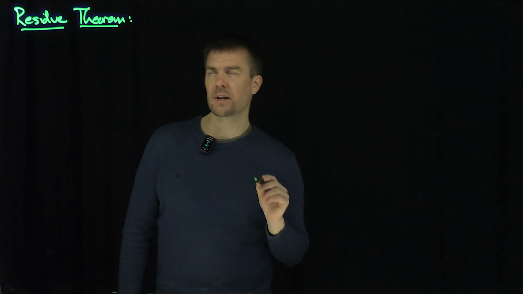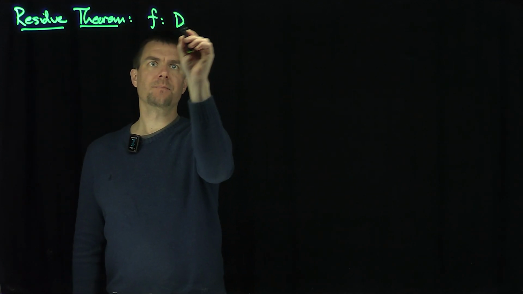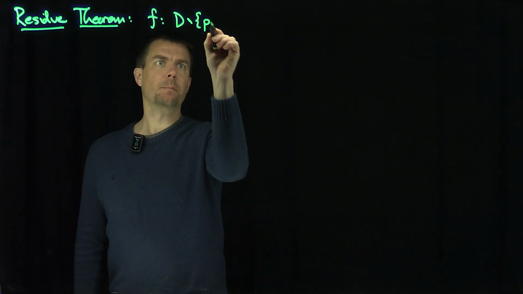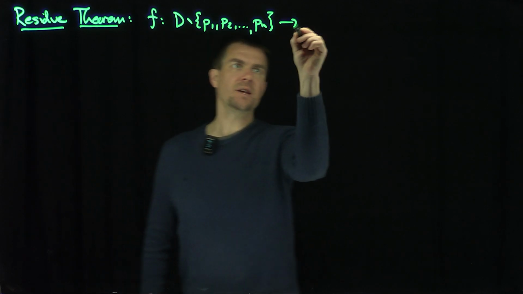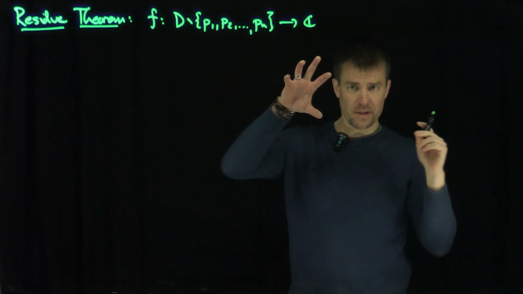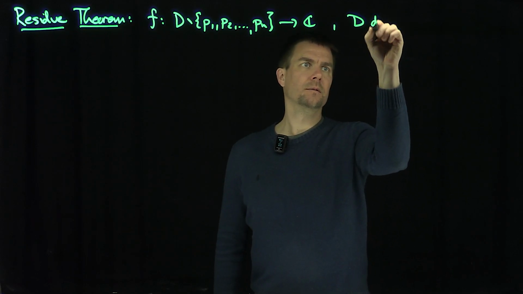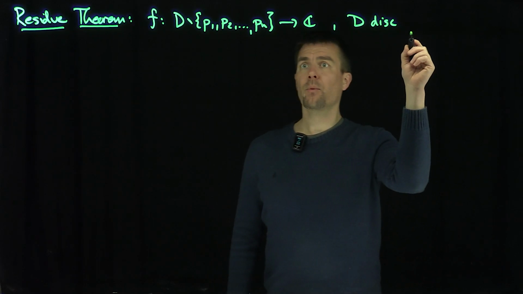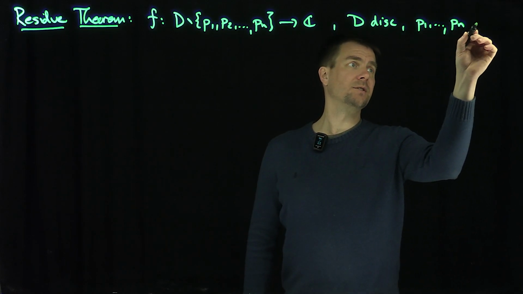The residue theorem says that suppose f maps a disk, I'll say D for disk, minus points p1, p2, ..., pn into C. So here D is just going to be a disk, and the points p1 through pn are isolated singularities.